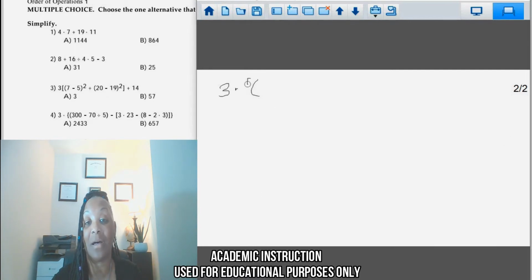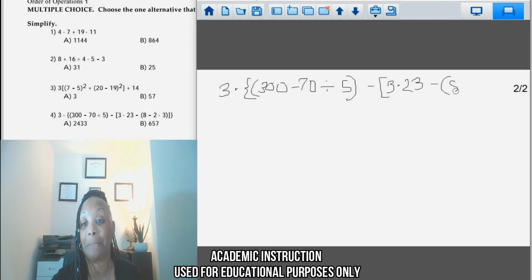Okay, so we have 300 minus 70 divided by 5, and that's going to be a closed bracket, minus bracket, that's close parenthesis, bracket 3, and that's times, this dot means times 23, minus parenthesis 8 minus 2 times 3, close parentheses, bracket, and then we have this outer bracket here.